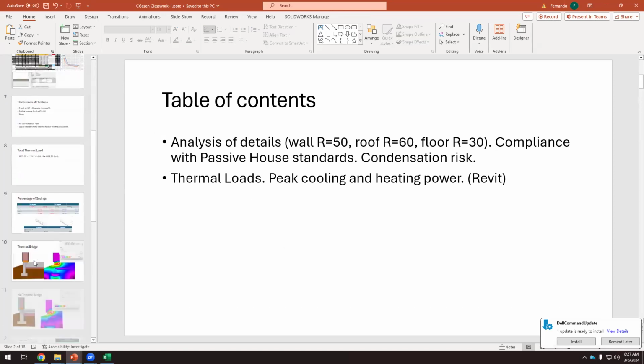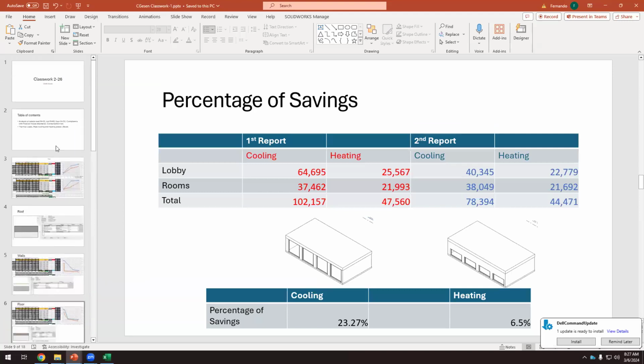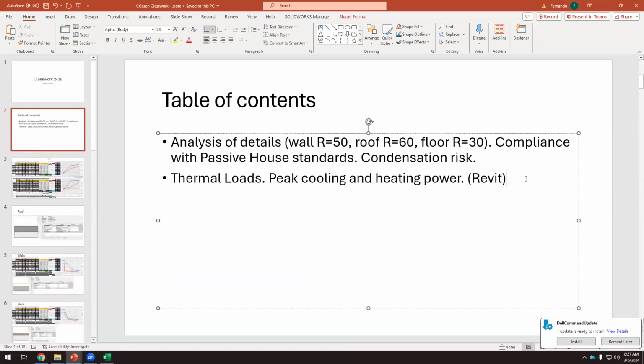So remember that we did this. Okay, and we analyzed two options. And what's the difference between the two options? The glass percentage.